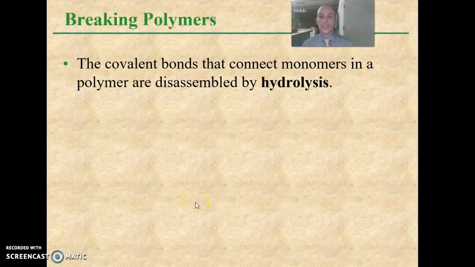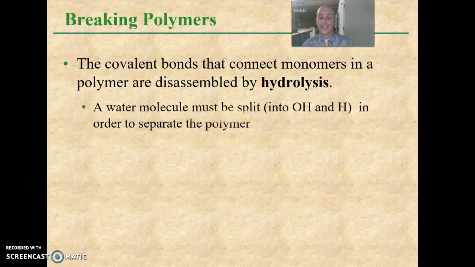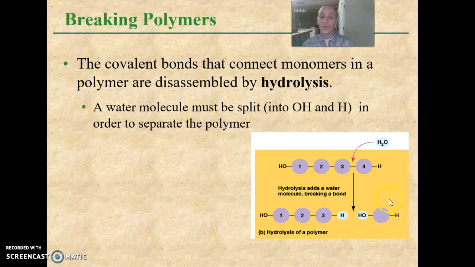Okay, now look, you just learned dehydration synthesis. The opposite of dehydration is hydrolysis, kind of like being hydrated. So the opposite of dehydration synthesis is called hydrolysis. What happens in this reaction is pretty much the opposite of what happened in the other one. A water molecule must be split into OH and H in order to separate the polymer. So this is the polymer that was joined from our dehydration synthesis reaction on the previous slide. If you don't remember, pause me and go look at it.